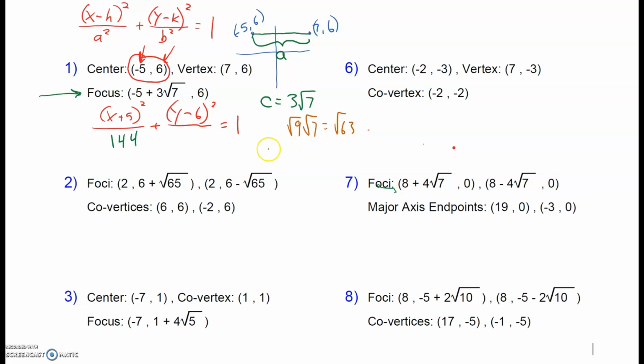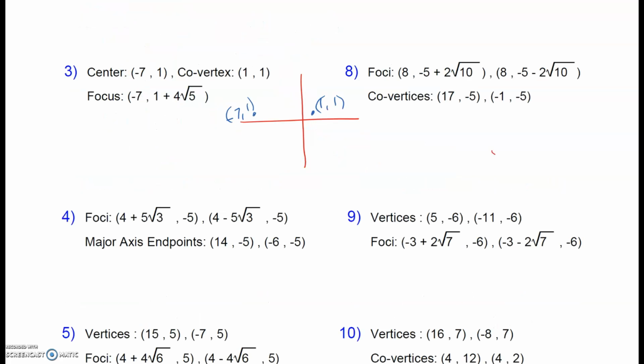Okay, and so I know the square root of 63, c, is equal to the square root of a squared minus b squared. Remember, a squared and b squared are the denominators, because now we're looking for the other denominator. So I have 63 equals this. That's how I find that other denominator, and it goes there.